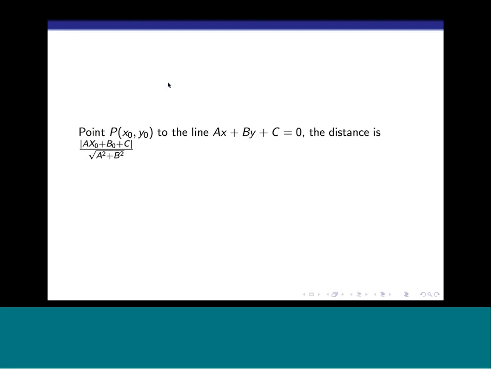Did we? I don't think so. I don't remember. One point to the line. This is only in the plane. In the plane, one point to the line, the distance is like that. We didn't talk about this. No, I don't think so.